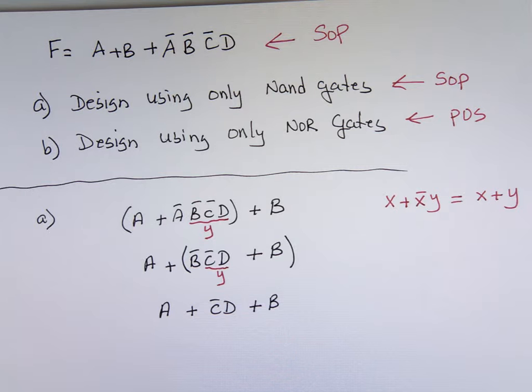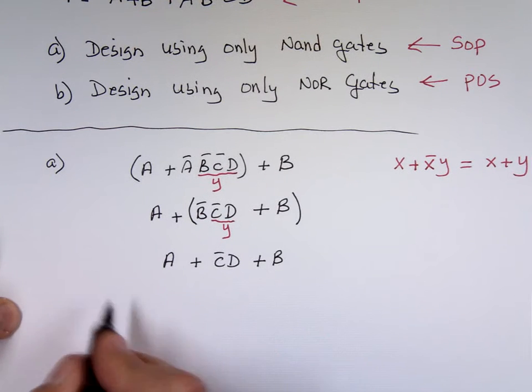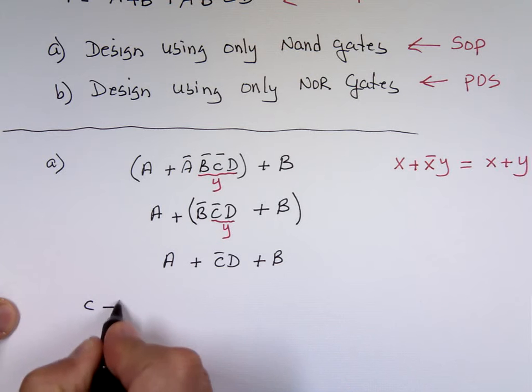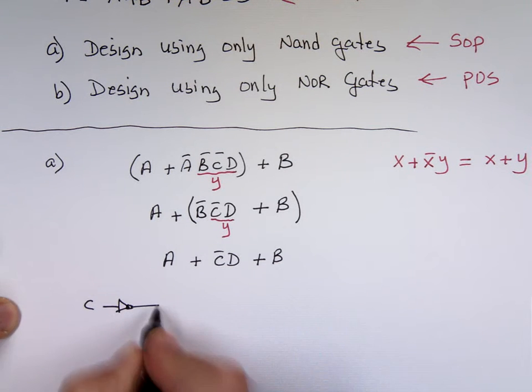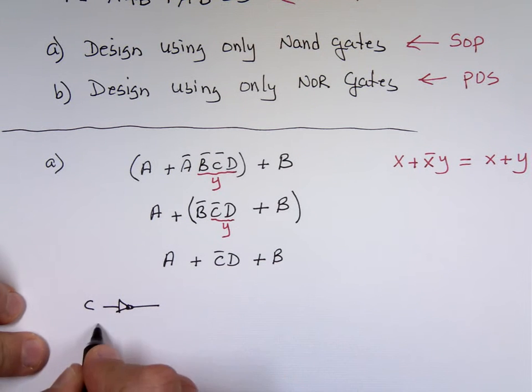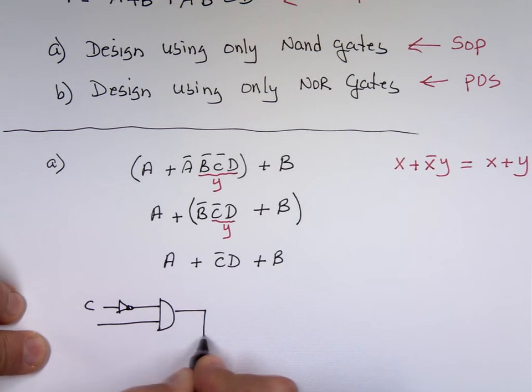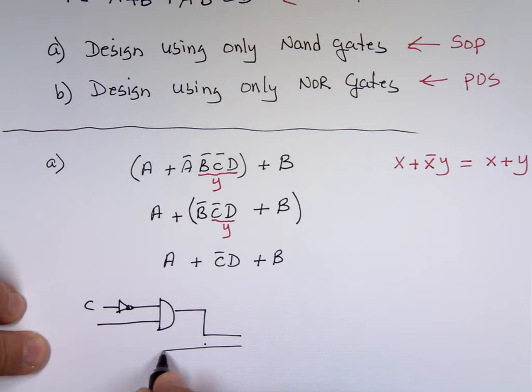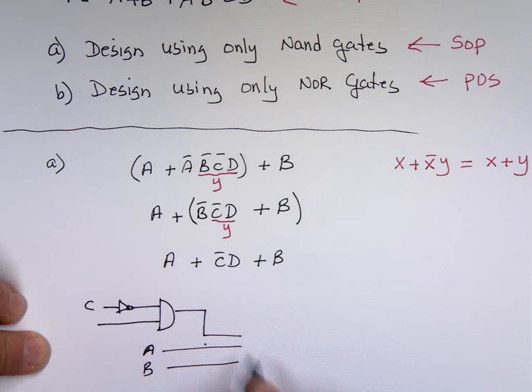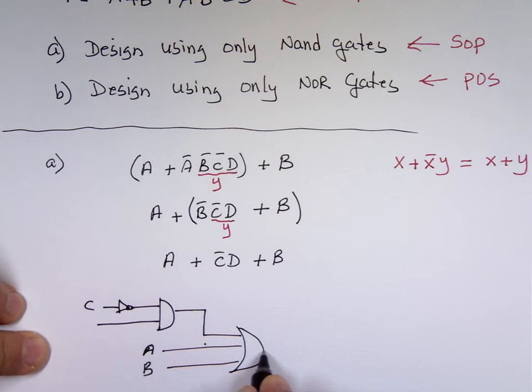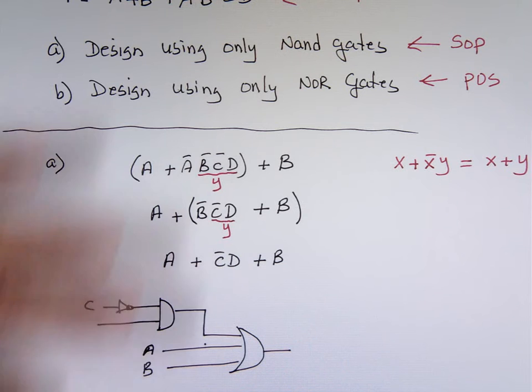So here's the first design. I got C going through a NOT gate, the result is going to D, and all of them are ORed together with A and B. Again, if you leave it the way it is, you need a 3-input OR gate, that's one chip.